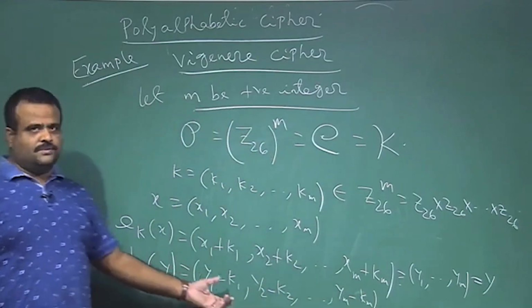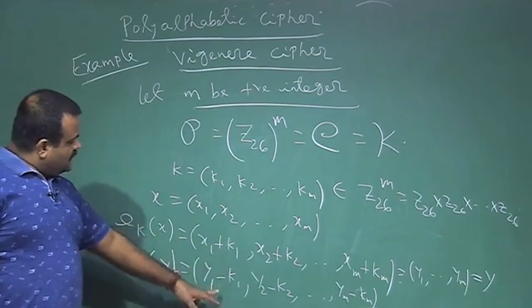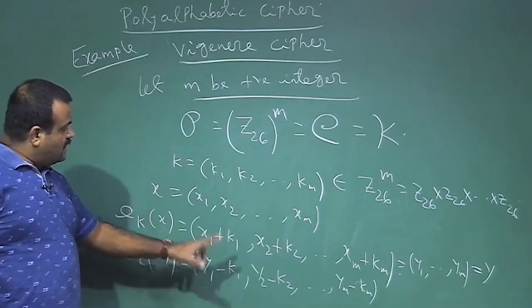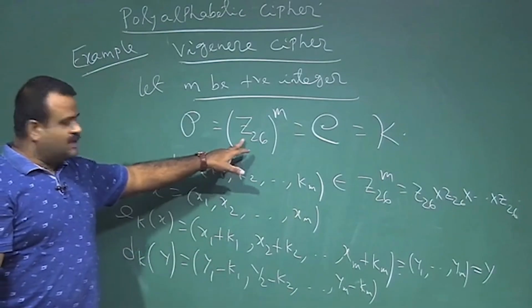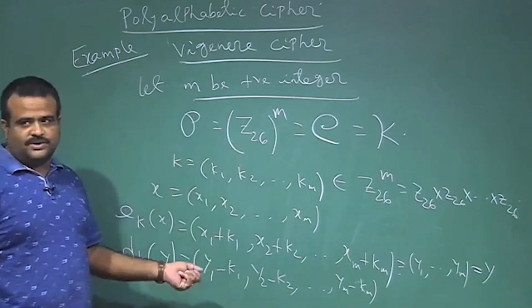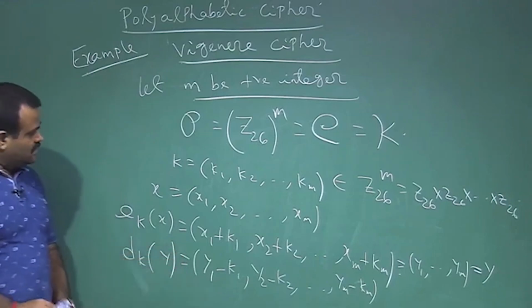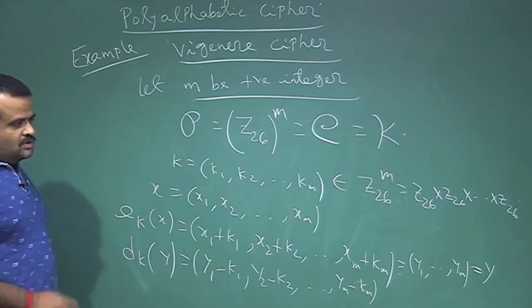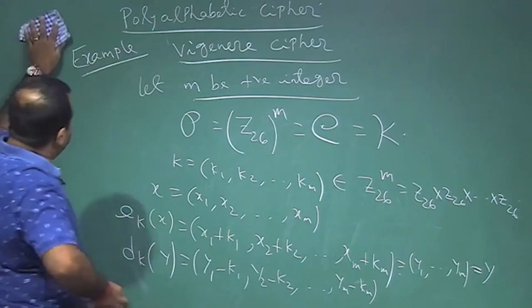Okay. So, this is the decryption, and each of this addition and subtraction is under mod 26, because we want the result to be in Z26. So, each operation here, whether addition or subtraction, is under mod 26. Okay. So, this is the Vigenere cipher.